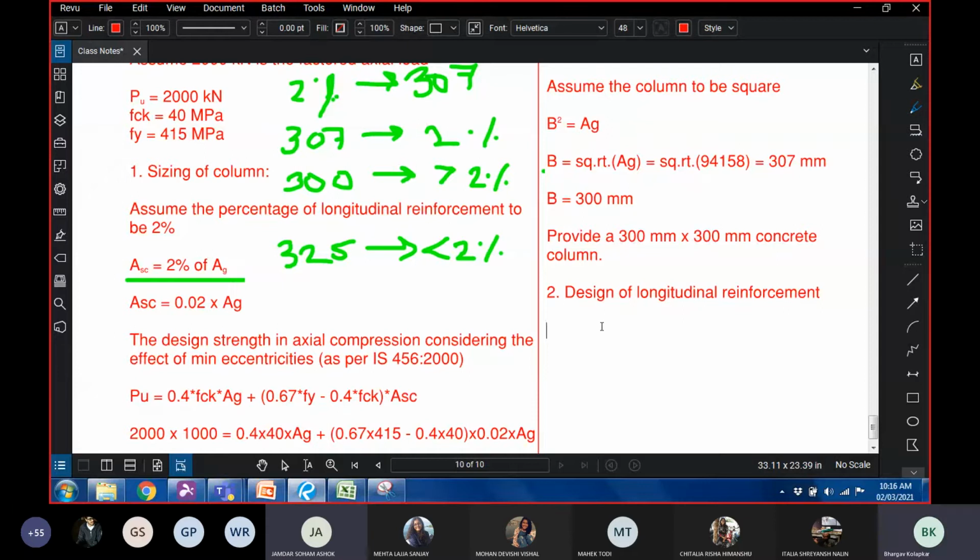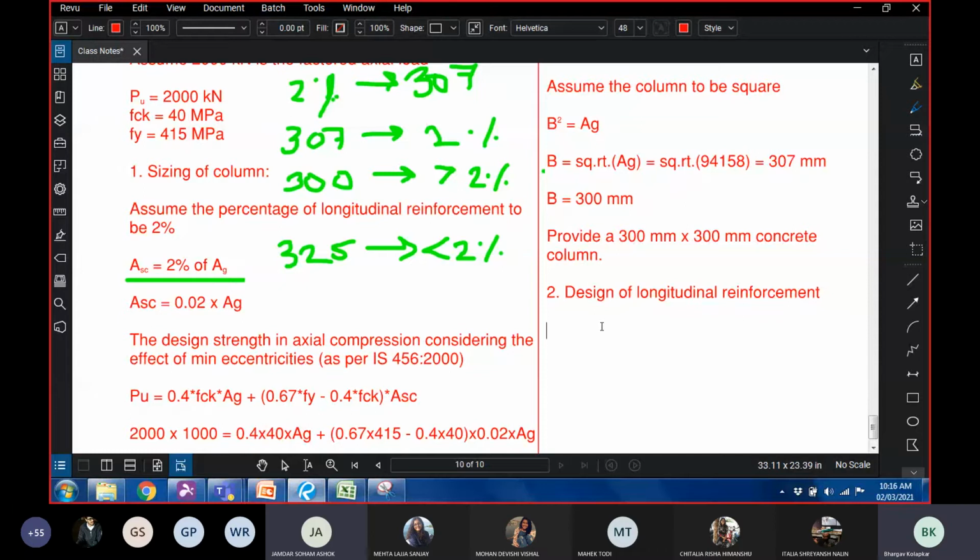So the value of AG that we have got, how do we know that it's a true value? Could you please repeat your question? We have assumed the value to be 2% AG, and we have used that value in the numerical. So the value of AG which we have got now, how do we know that it's the true value?